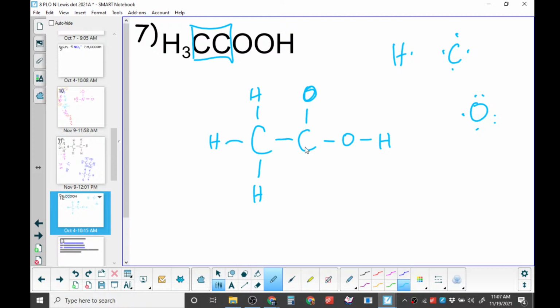Hydrogen is happy with 2. Well, you took it from there, but you actually never erased one of those lone pairs. When you originally put it there, you should have, but when you took it away, you fixed it again. And you did your counting.